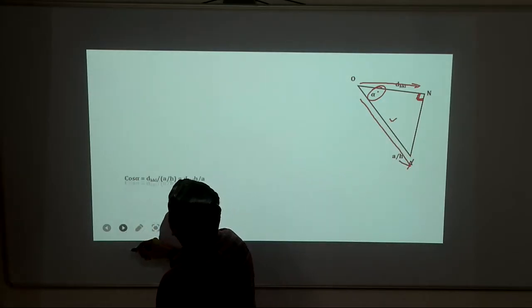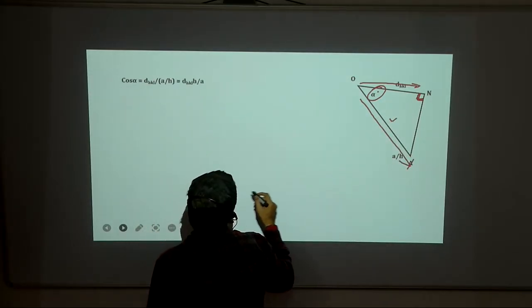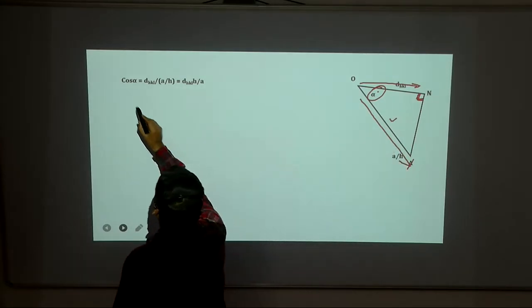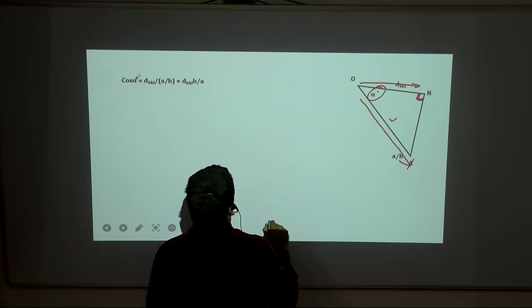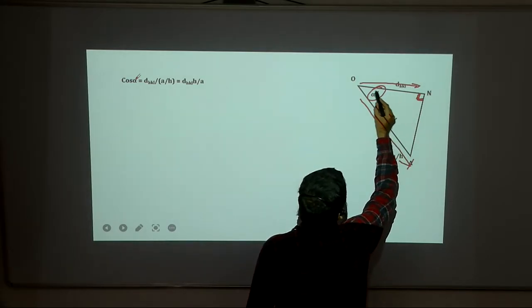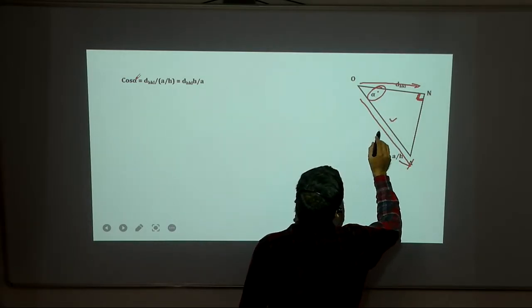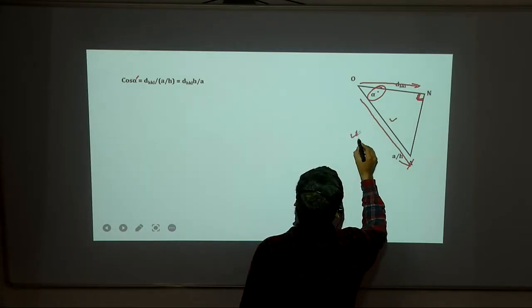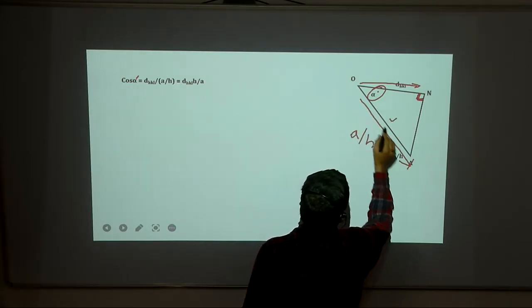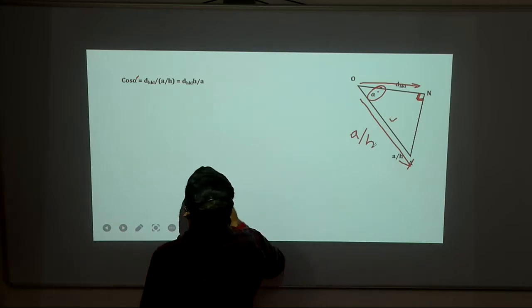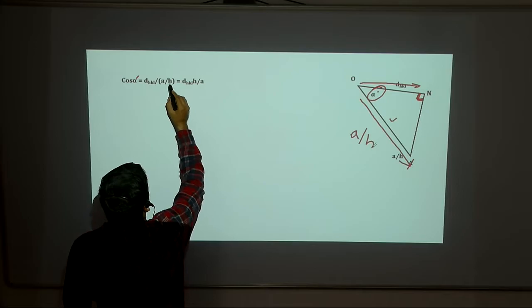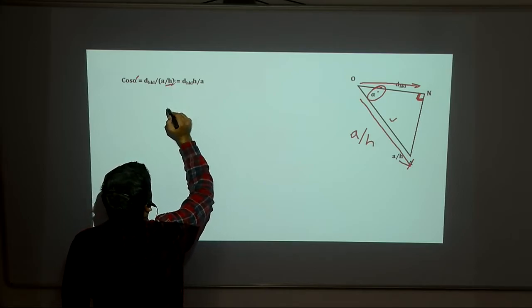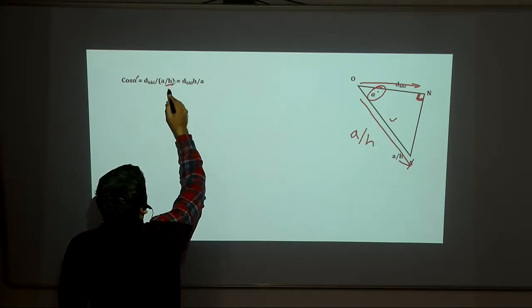Okay, so from the right angle triangle we can find out cos alpha dash. Cos alpha dash is nothing but d_hkl upon the hypotenuse. But the hypotenuse, we know, is a upon h, which is nothing but OA. So d_hkl upon a upon h becomes d_hkl into h upon a, because h is a denominator of the denominator, so it will go to the numerator.